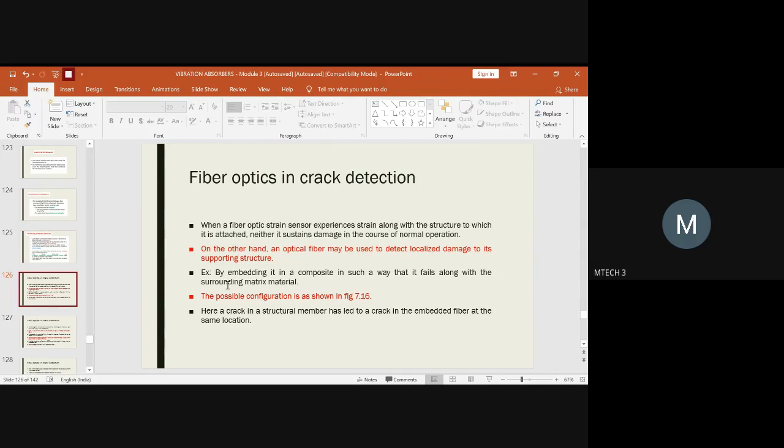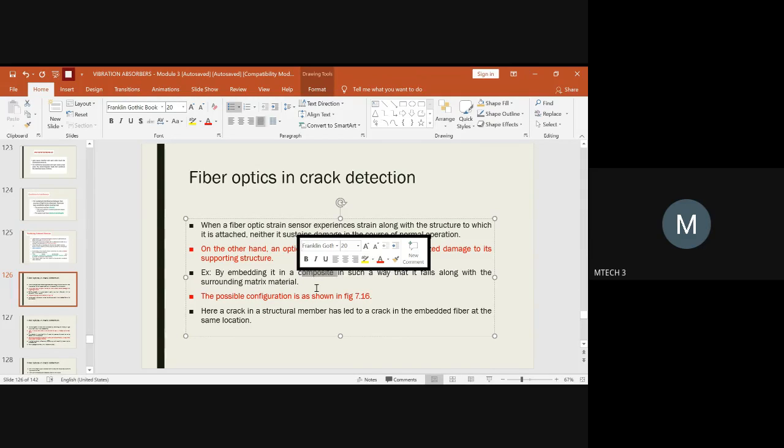Here, as per your syllabus, one of the examples they give is embedding it in a composite material. A composite material is a clubbing of two or three materials. You embed this type of sensors within the composite material in such a way that they fail along with the surrounding matrix material.